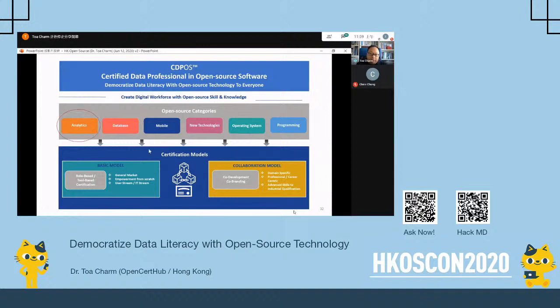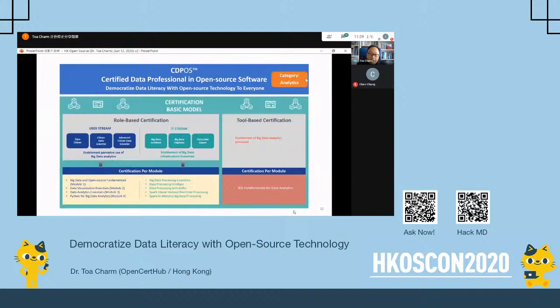So I'll give you an example for analytics category. So for analytic categories, we have the user stream and also the IT stream, right? All we talk about is role-based. It's not only take 1 or 2 examinations and then you call yourself a citizen data scientist. What we mean is a data citizen, a citizen data scientist, and also advanced citizen data scientist.